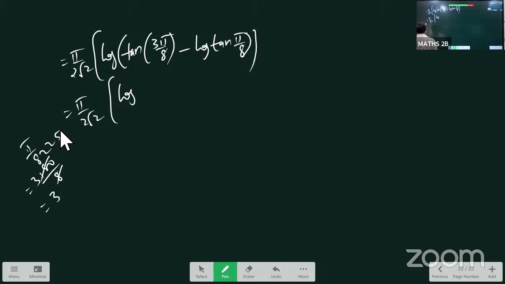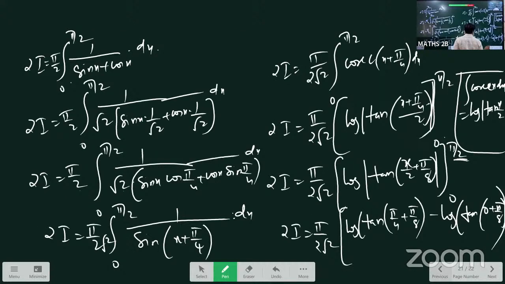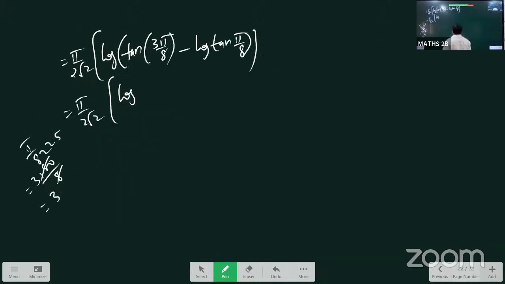Into 3, that is 67 and a half. So overall, this part, pi by 4 plus pi by 8 I'm talking about, pi by 4 means 45 degrees. This step we leave it.